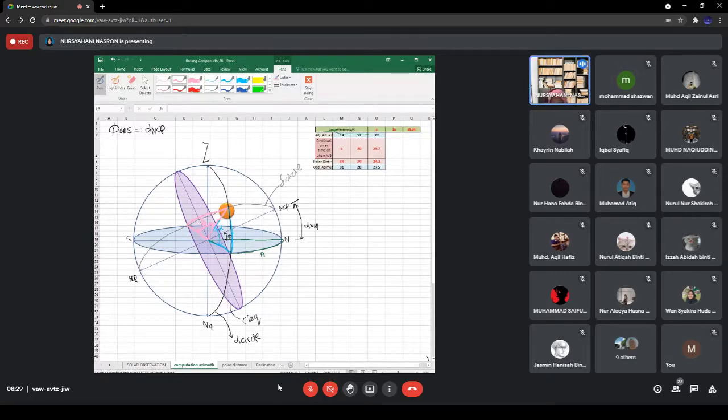So from the four parameters: adjusted altitude, polar distance, latitude and azimuth, we get the astronomical triangle. Which one is the astronomical triangle?